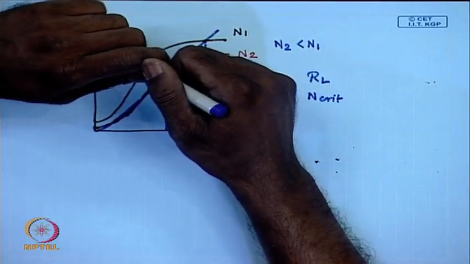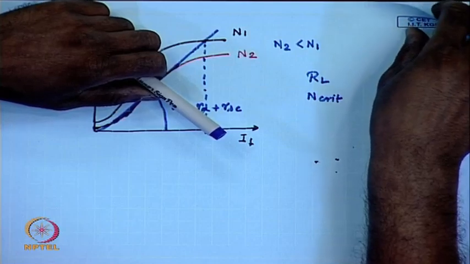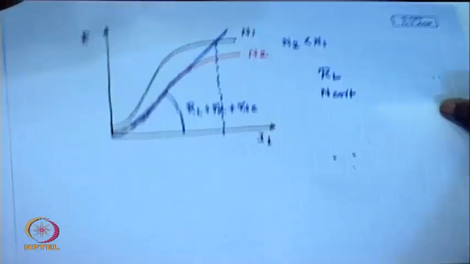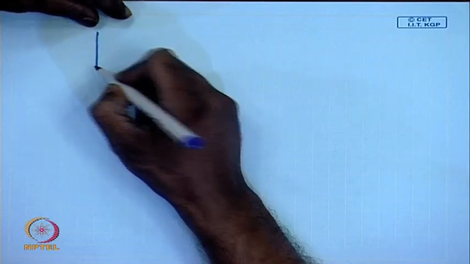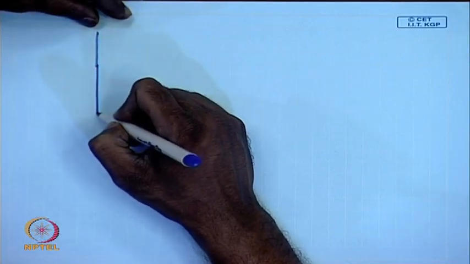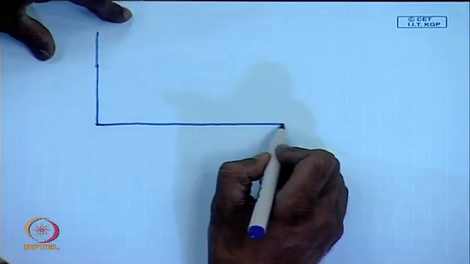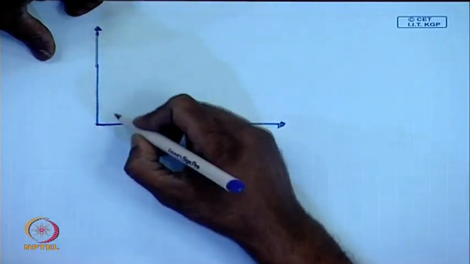We have also seen how to obtain the output voltage versus load current characteristics for a shunt generator. We can apply a similar method here. For that, we first draw the OCC of the generator at the given operating speed.